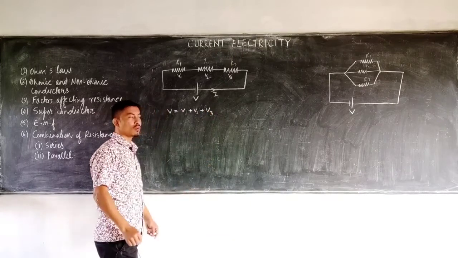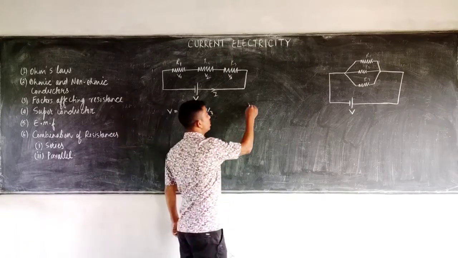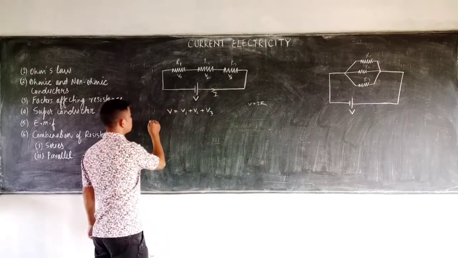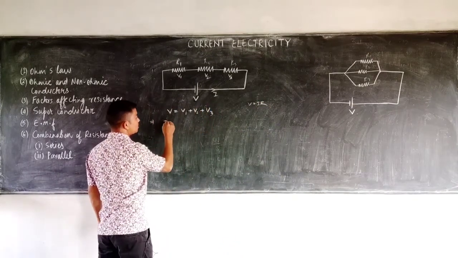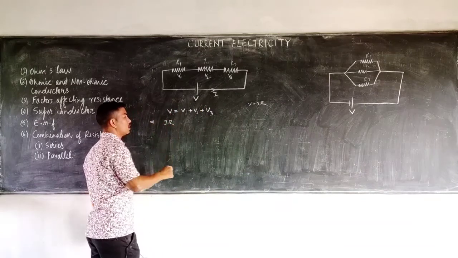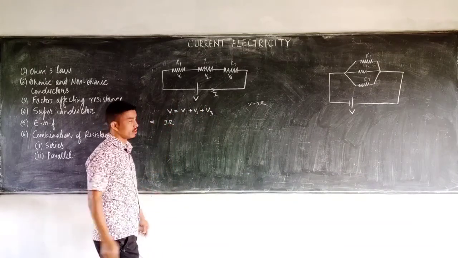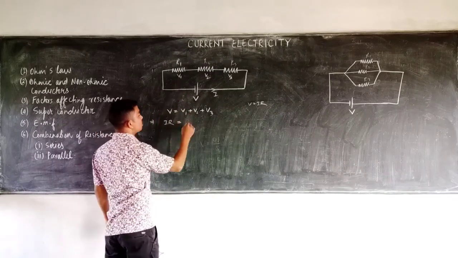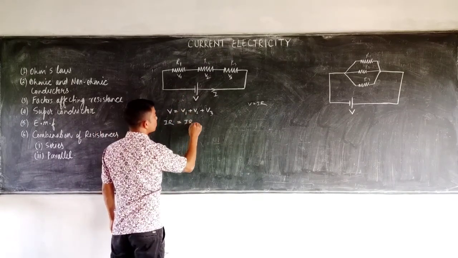Now according to Ohm's law, we have the formula V equals I into R. So I substitute that value. V is I into R, where I is the current and R is the equivalent resistance. Similarly, through the first resistance, V1 will be equal to I into R1.